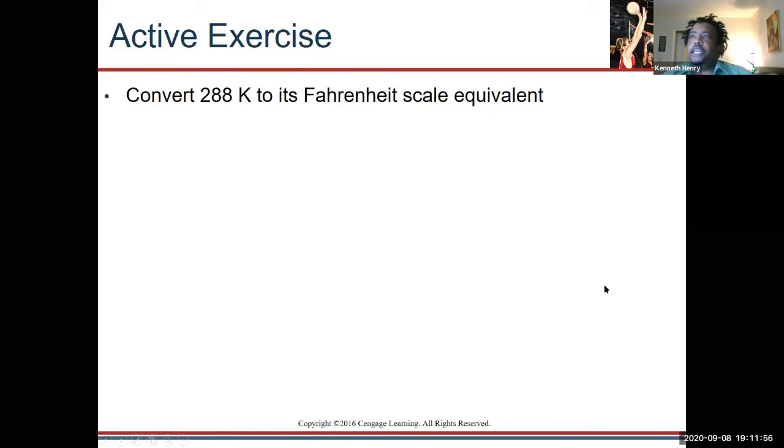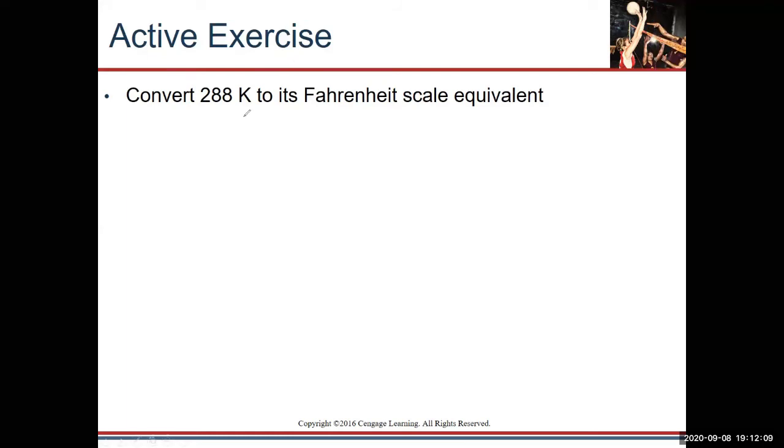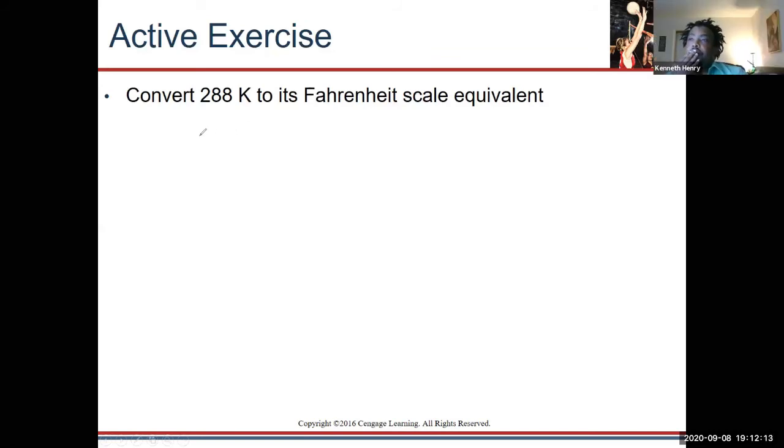Okay, so let's see. Convert 288 Kelvin to Fahrenheit. So how would I go about doing that? You convert to Celsius first. Okay, so how would I do that? So I have 288 Kelvin.